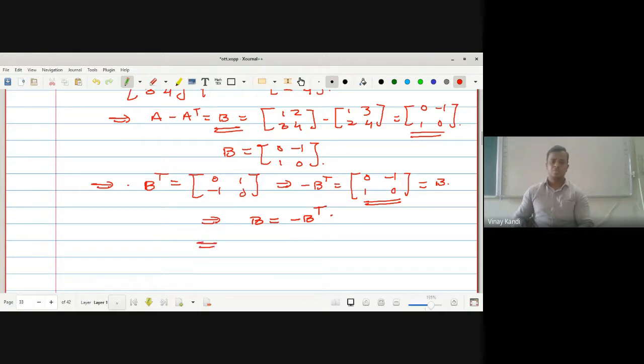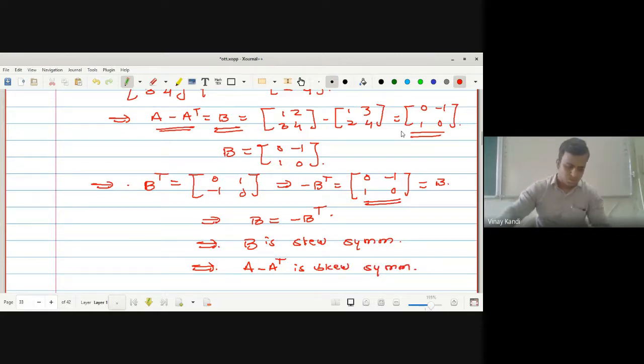So this implies B is skew symmetric. What is B? A minus A transpose is skew symmetric. Any doubt? Any doubt up to here?